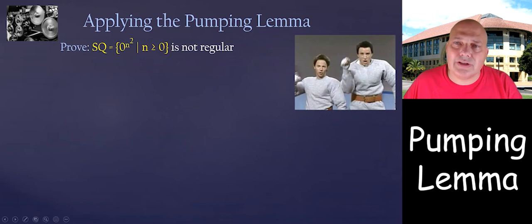And the words in SQ are strings that are composed of some n squared zeros, where n is any non-negative integer. So the empty string is in SQ. The string with 1 zero is there, with 4 zeros, with 9 zeros, etc.